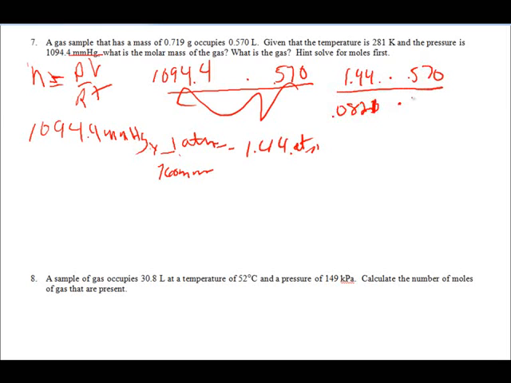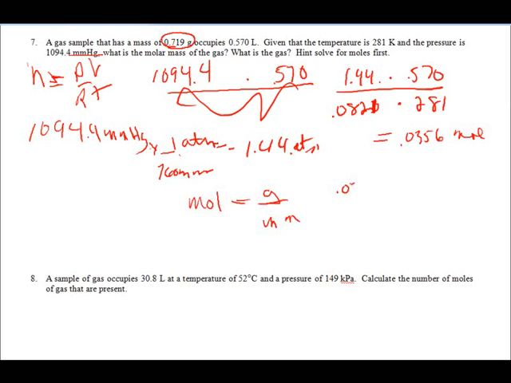And T is, what did we say? T is 281. I'm kind of making a mess of this one, aren't I? I multiply all that out, and I get 0.0356 moles. Now what I knew was I had that many grams. So I have moles and I have grams, and moles are equal to grams over molar mass.